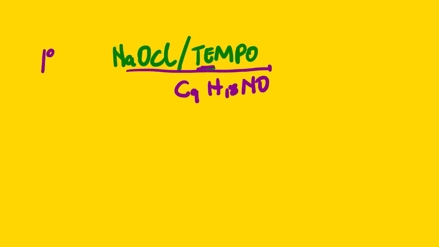The name for TEMPO is tetramethylpiperidinyl oxyl, and the molecular formula is C9H18NO, in case you want to know it, but I think it is not important. Then this is an oxidant that we can use to produce an aldehyde from a primary alcohol.